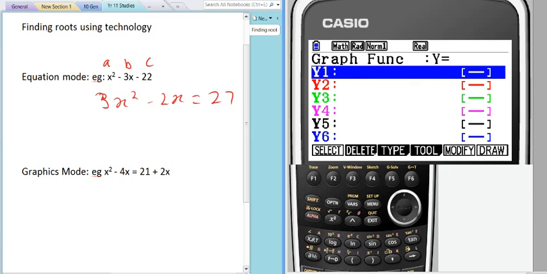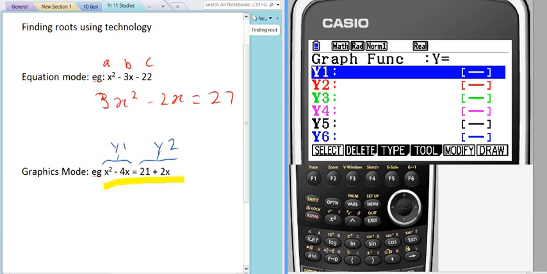So we're doing the second question, this one here. What we can do is either get everything on one side, make it equal to 0, or we type it in as 2 separate equations. So let's pretend we don't want to go through the algebra. We can just treat this side as y1 and this side as y2.